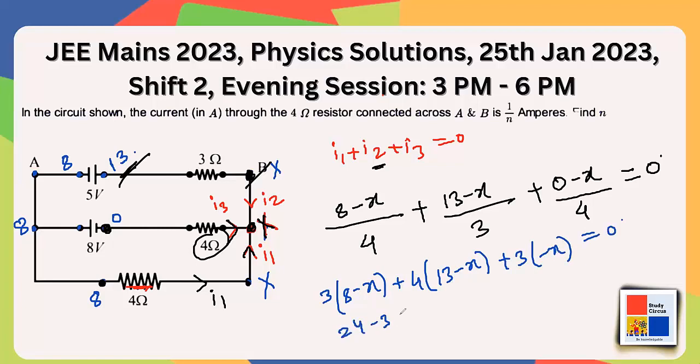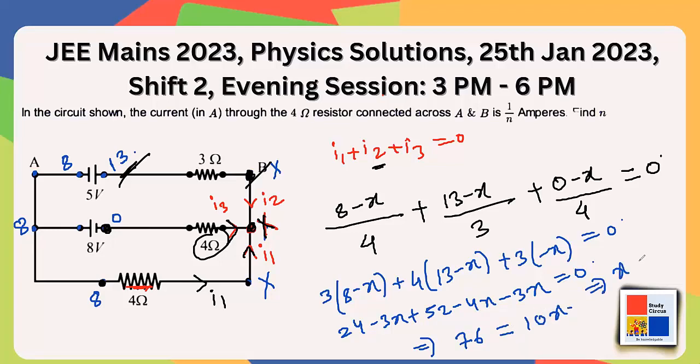That is 24 minus 3x plus 52 minus 4x minus 3x equals 0. That gives 76 equals 10x. So the value of x I am getting is 76 upon 10.